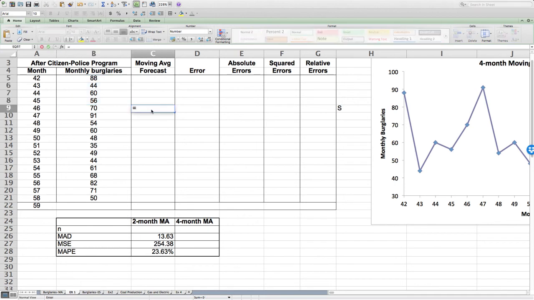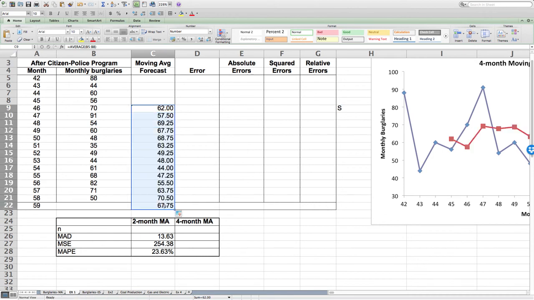So I will just go ahead and type average, select the first 4, because k is equal to 4, and that should be my forecast for this month, and I will keep doing it till this time period. These are going to be my forecasts with k is equal to 4.